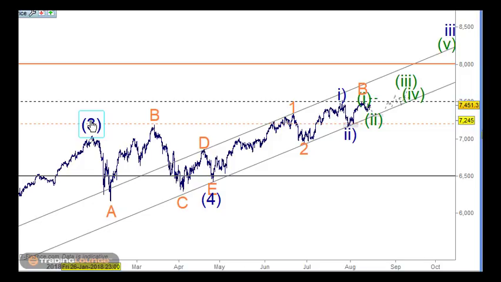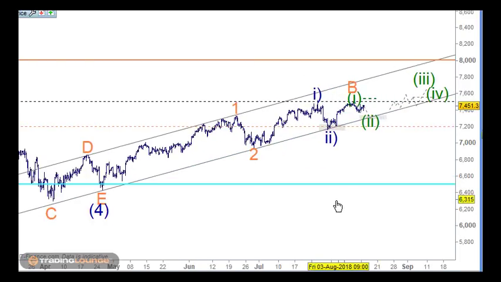We could look at this as an ABC for the A wave, and then all the way up for the B wave for an expanded flat, and then come back down here. It is still okay for a B wave to move up and expand a flat to 20% above it, but it's spent too much time up here. That doesn't have the right look and feel about it.